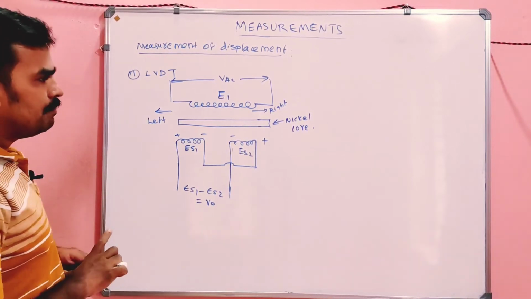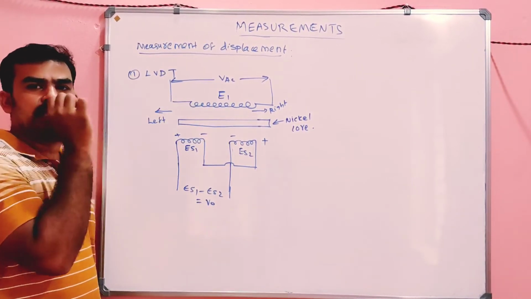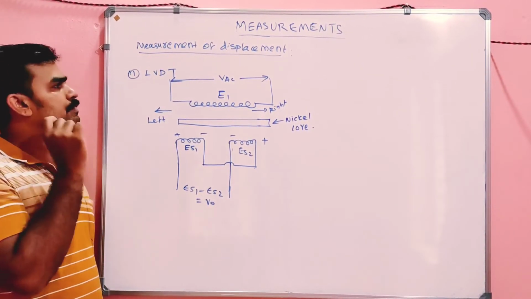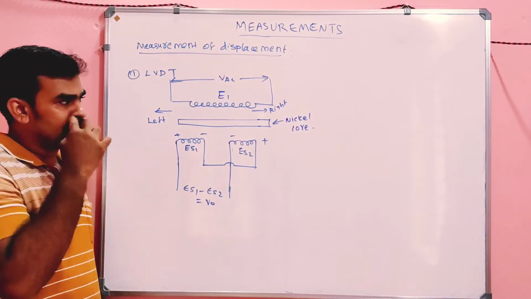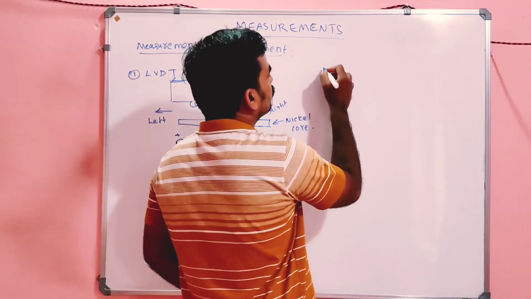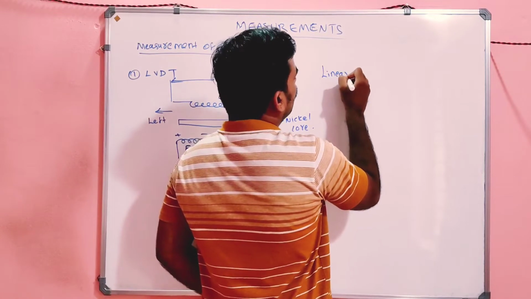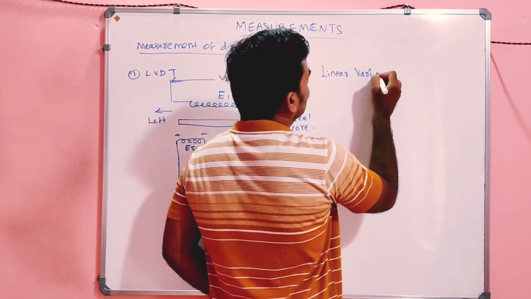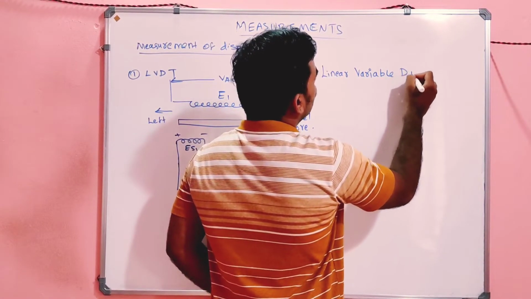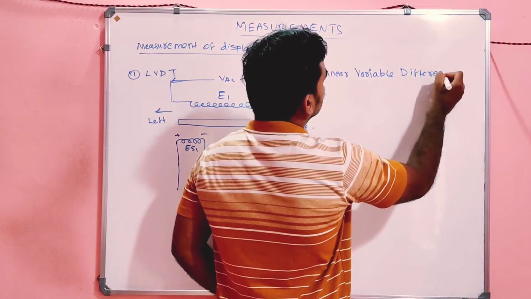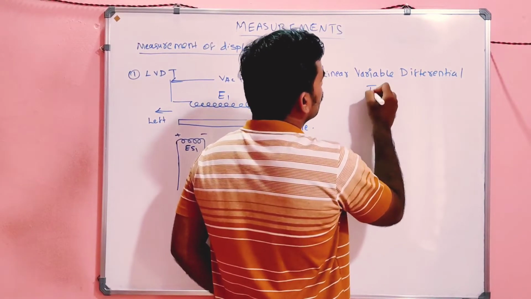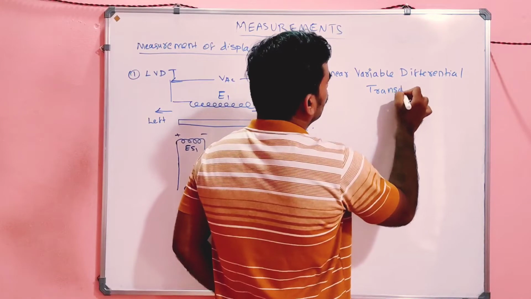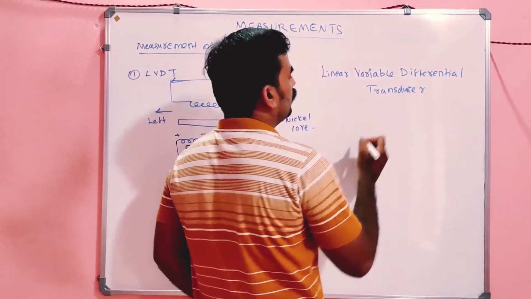So LVDT means linear variable differential transducer. What is that, my dear?